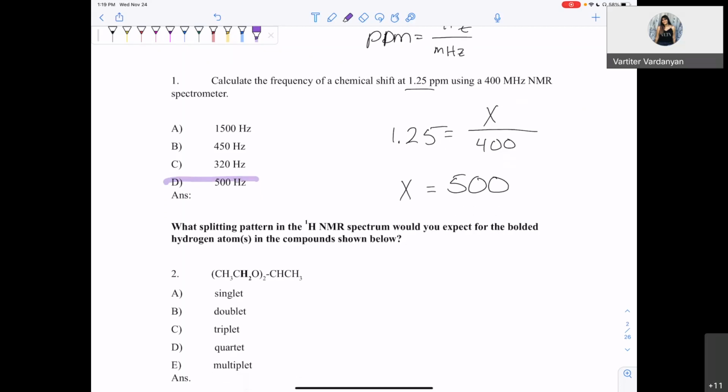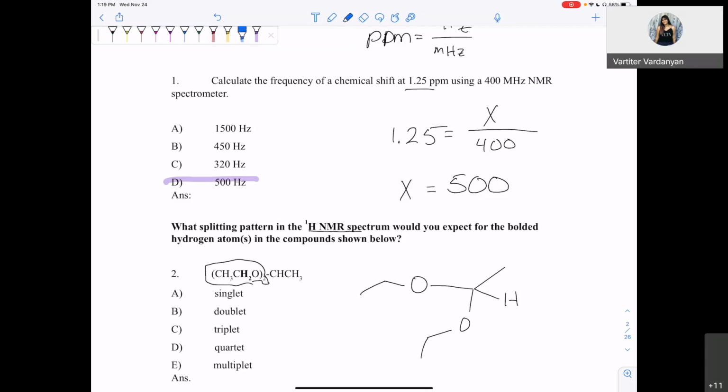And then for the second one, I'm going to draw out this molecule. So we have two of this group. So I'm going to draw O, O, and this is attached to a CH3. So it's asking what the splitting pattern of the HNMR spectrum would be for the bolded hydrogen.